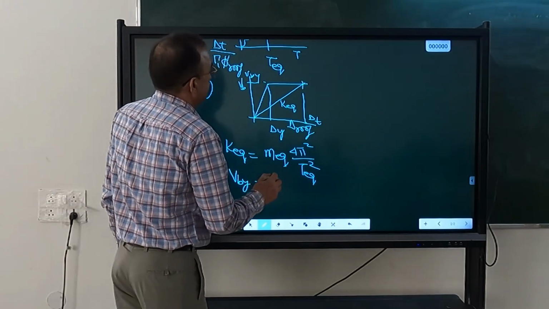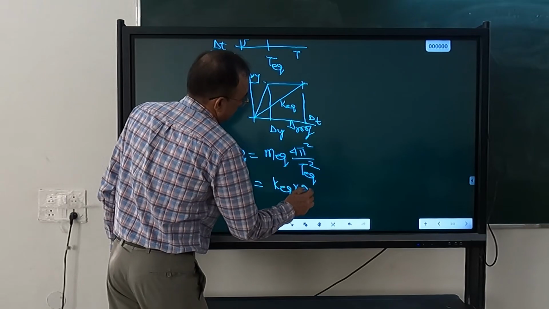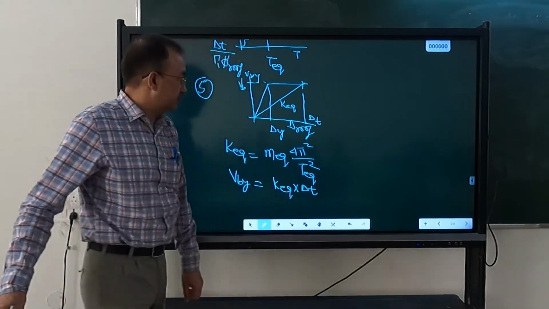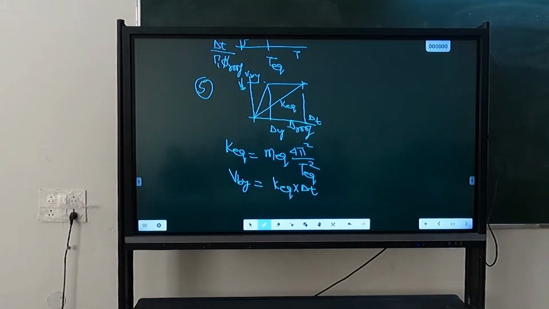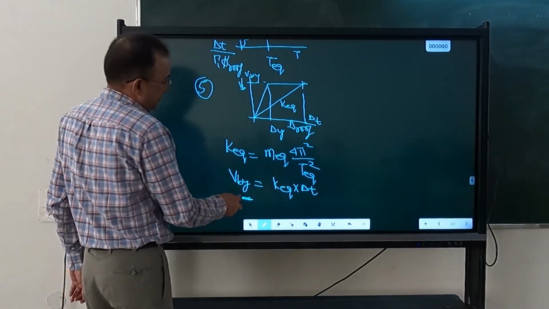And this is the base area for which you have to design.